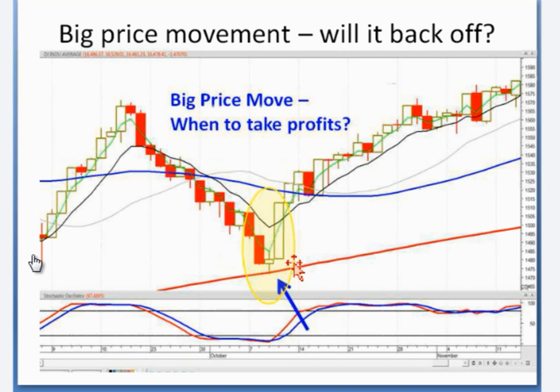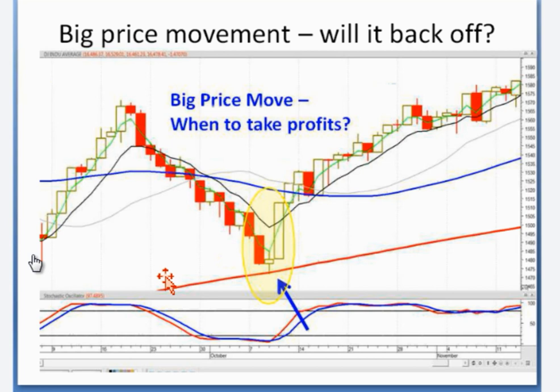And then you can start applying other things to it, like how far away is it from the T-line? Did it support on a moving average, like the 200-day moving average? What was the reversal signal? A very strong candlestick signal. So this just tells us this is the appropriate time to be looking for a reversal.